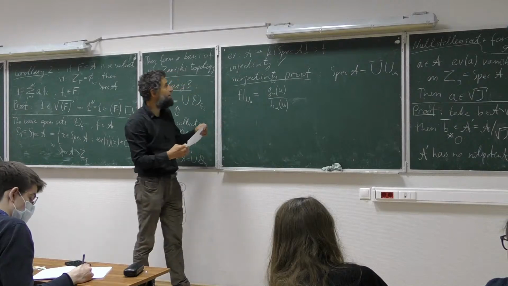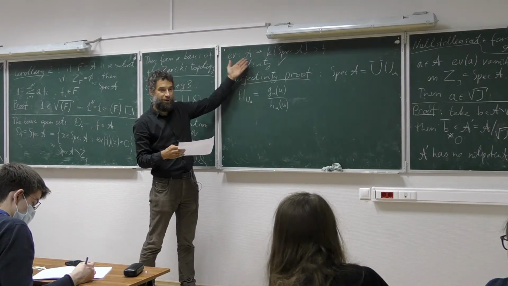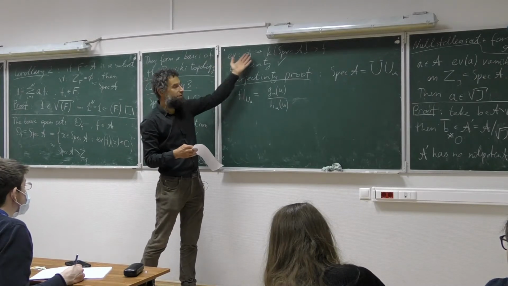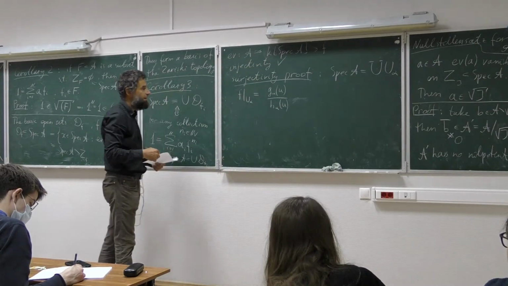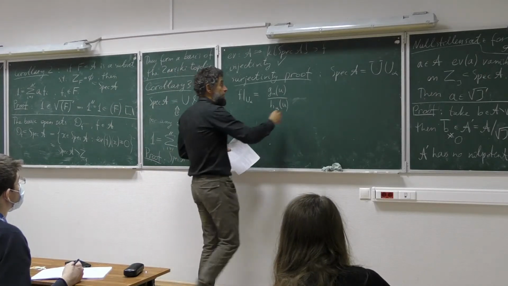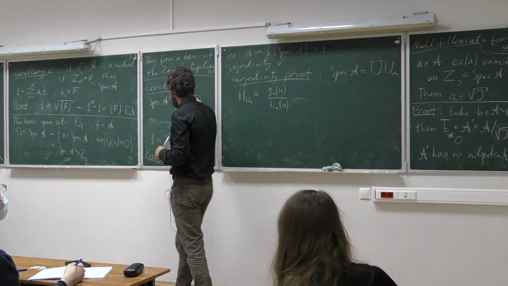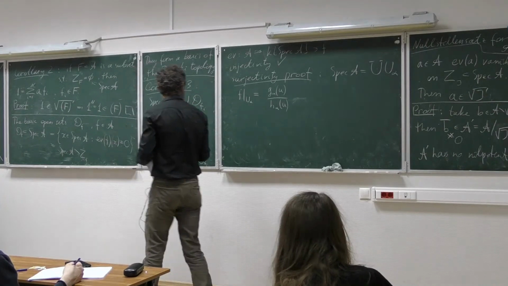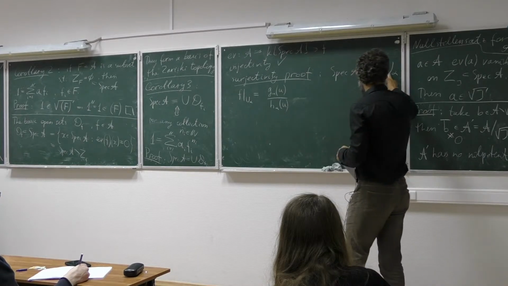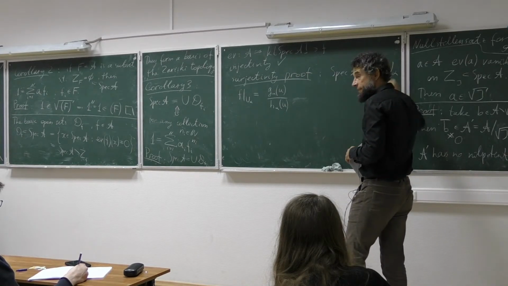By injectivity, we identify A with its image under evaluation. And since those basic sets do form a basis of the Zariski topology, we can assume that all those U_alphas are basic.